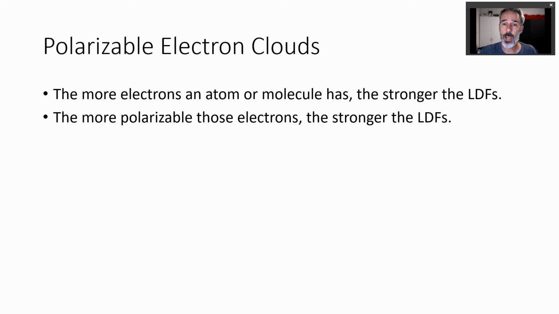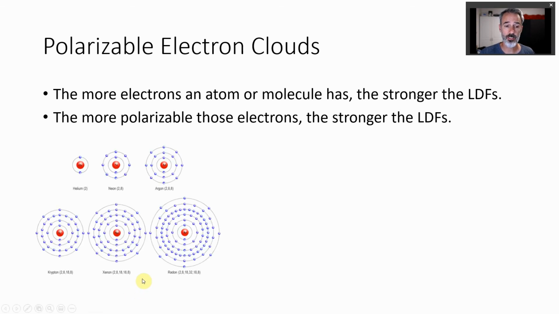And the more polarizable those electrons, as in if they're very far from the nucleus and very fluffy and they can move around a lot, you'll have stronger London dispersion forces there. So if we were to look at, say, just the noble gases, which one of these compounds do you think would have the strongest London dispersion forces?